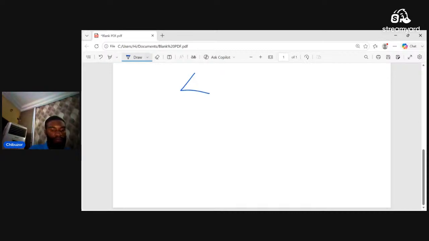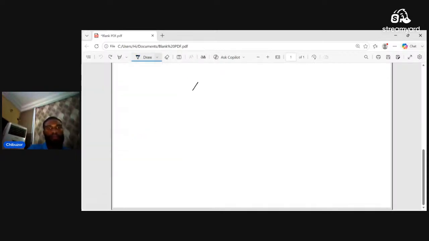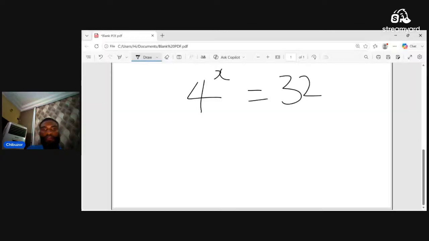4 raised to power x is equal to 32. Let's see who will get this. Find x. So let's see who will get this.